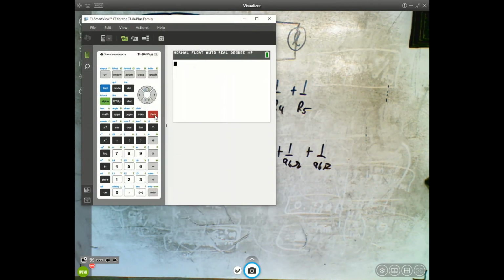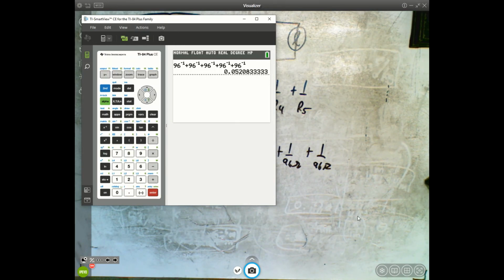Instead of going 1 over, you can just go 96 and then push this button here, which goes to the -1. 96 to the -1 is the same thing as 1 over 96. So we just do that 5 times, and we get that. A lot of people would give that as our answer.